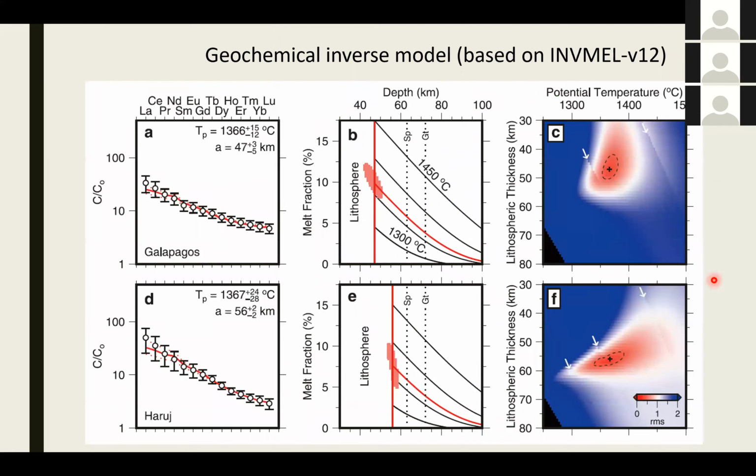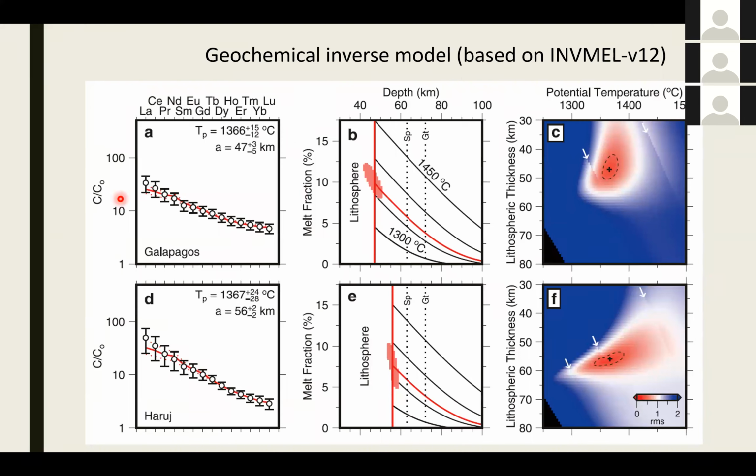After that, for calculating the asthenospheric temperature, there is a geochemical model called INVMEL-V20, which is used to calculate the REE concentrations generated by mantle melt for different values of potential temperature and lithospheric thickness.